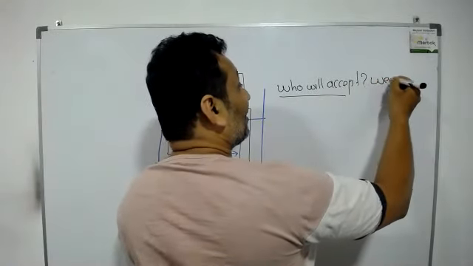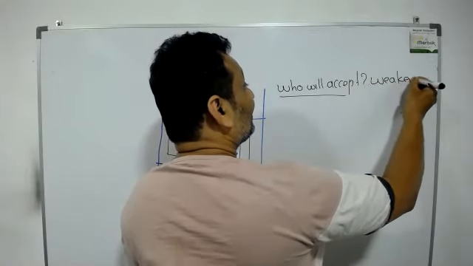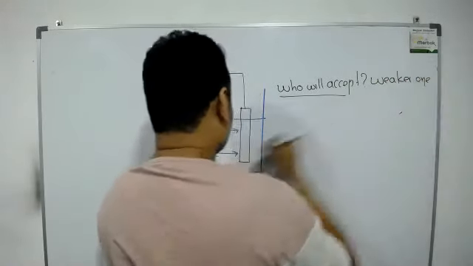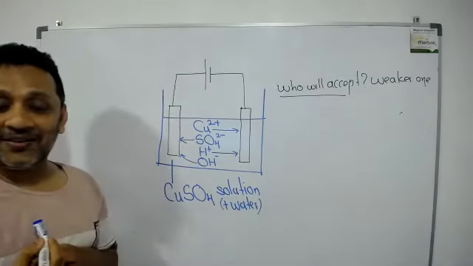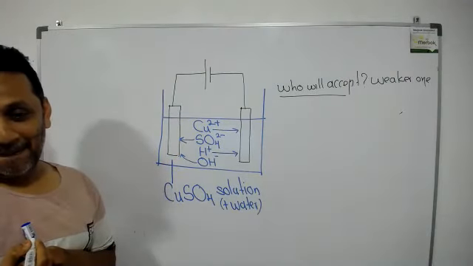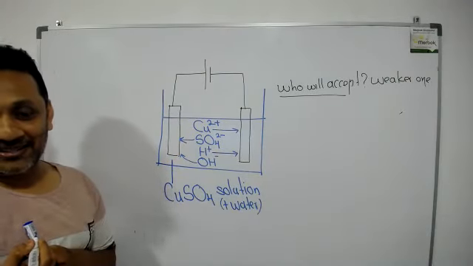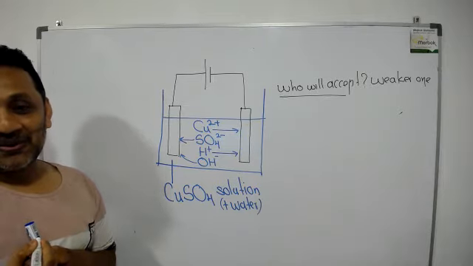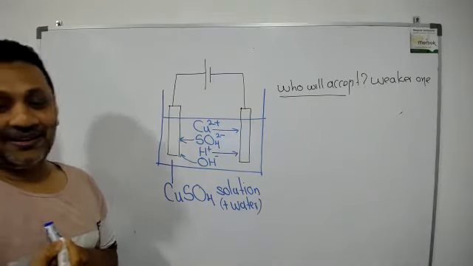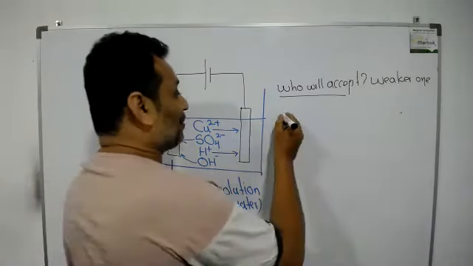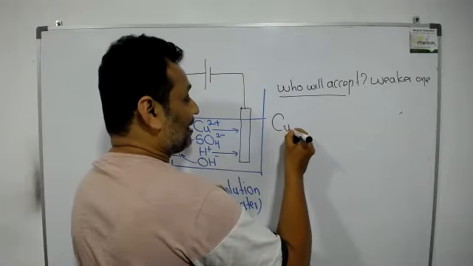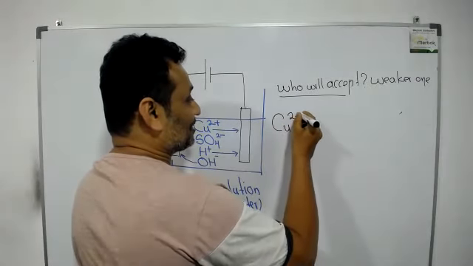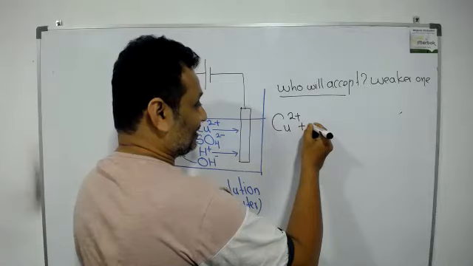The weaker one. In these two, who is the weaker one? Check the activity series. Copper is the weaker one. So copper undergoes reduction.